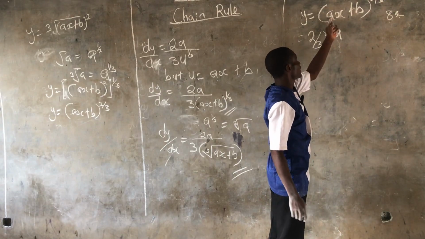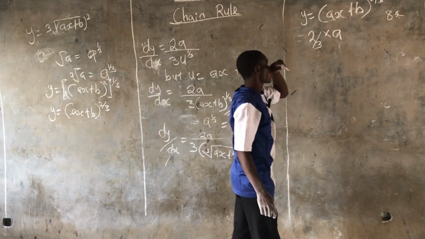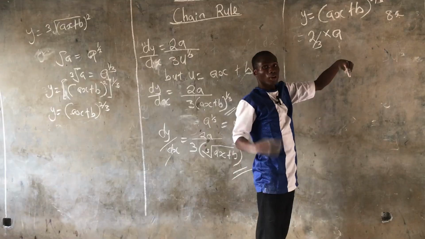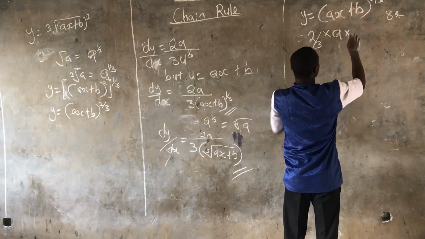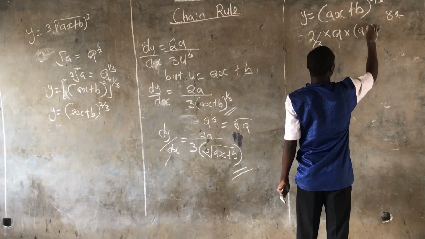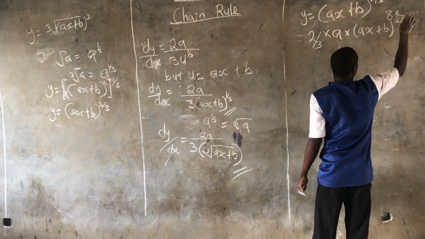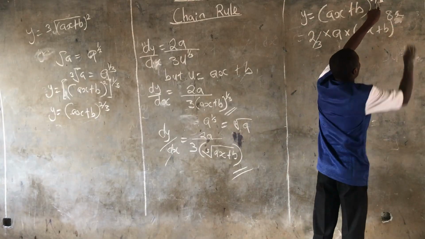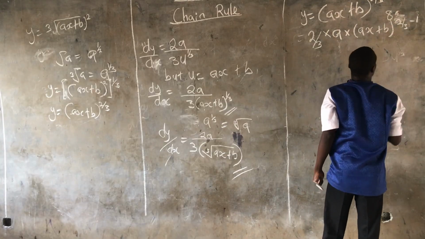So now we write it back: ax plus b raised by 2 over 3, and another thing is that we subtract 1 from this power, which is 2 over 3 minus 1.